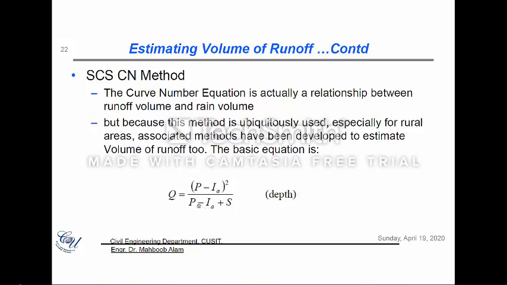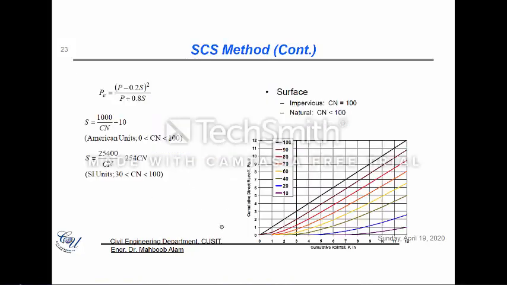I'm not going into the detail of the SCS-CN method because the details are not appropriate to be looked into at this level, but this is generally the formula that is used. S is the curve number, and the rest of the items would be looked into here.